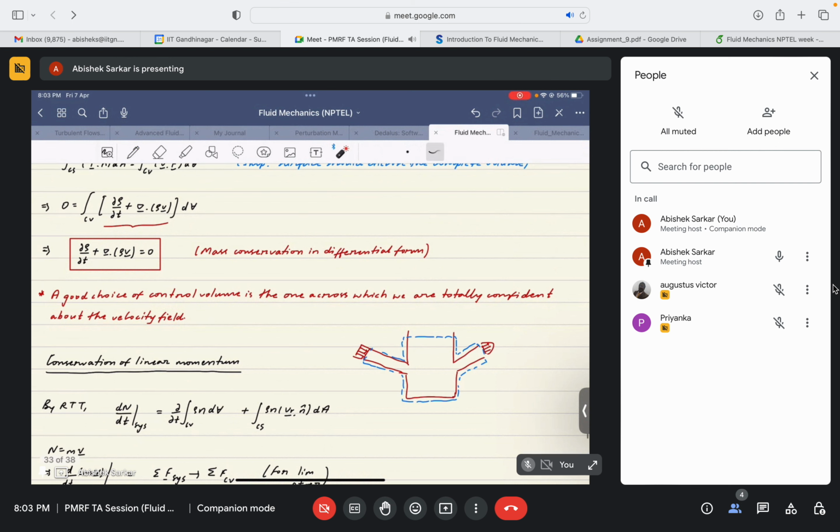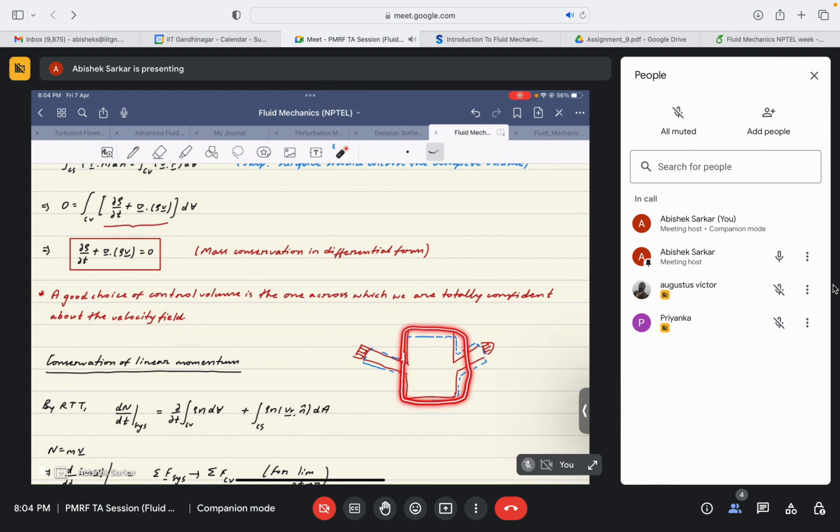And he also emphasized that you cannot take a control volume of this form, unless you know the velocity profile at these points, right? Since you are not sure how the velocity profile would be at these points, there is no point of applying RTT with this control volume.